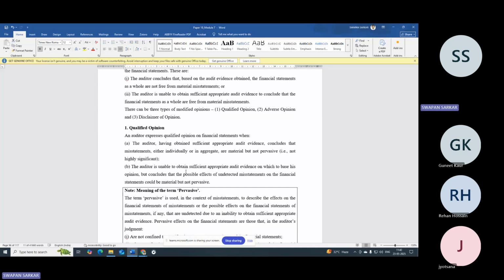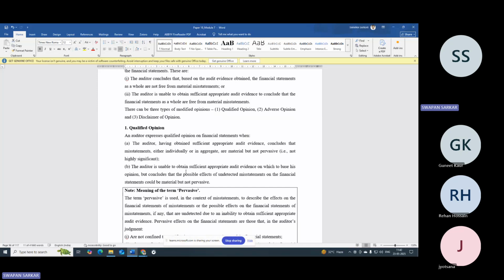Qualified opinion: an auditor expresses a qualified opinion on financial statements when the auditor, having obtained sufficient appropriate audit evidence, concludes that the misstatements, either individually or in aggregate, are material but not pervasive. That is very significant.